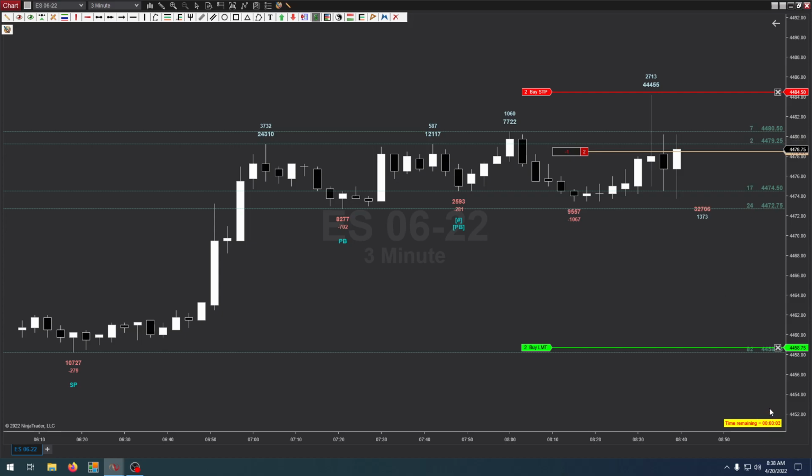Five seconds left in this candle. Now we need to confirm a swing high on the 3 minute. Getting a negative volume delta here, but we do need to confirm a swing short.